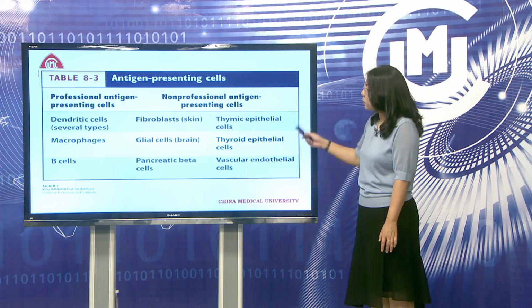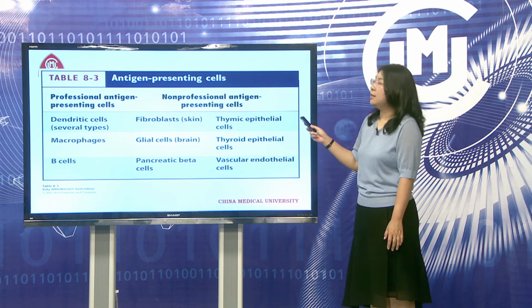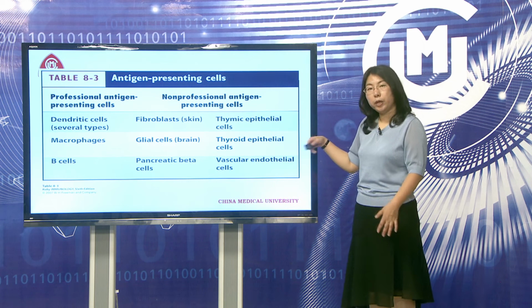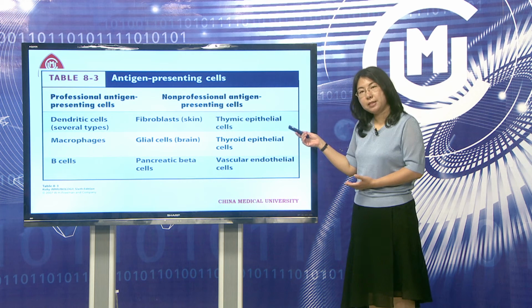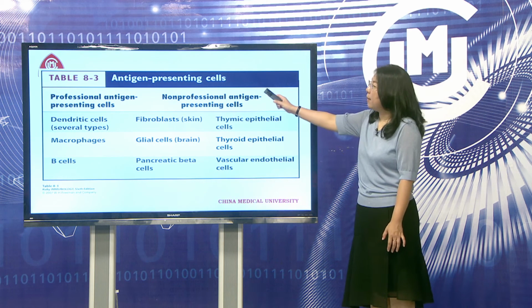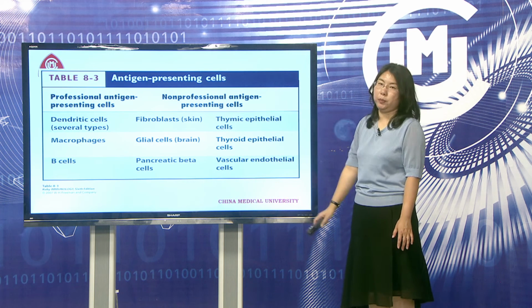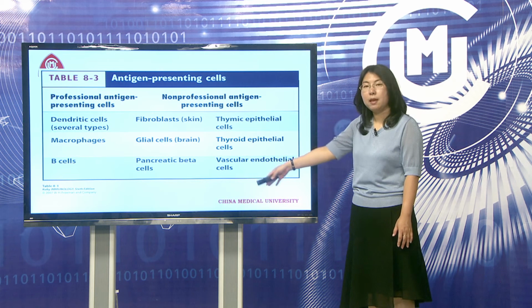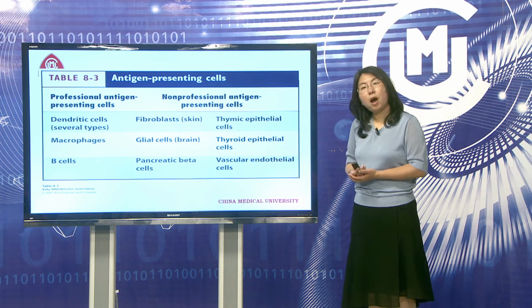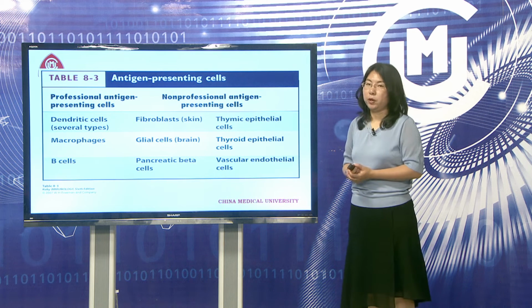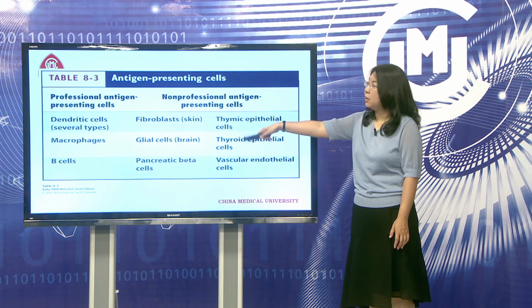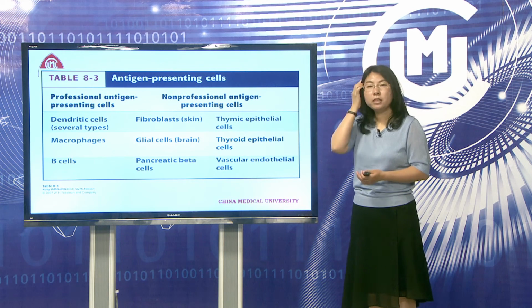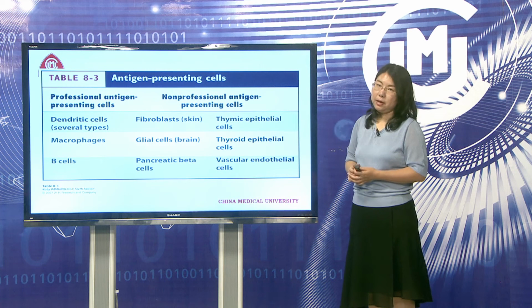So for antigen presenting cells, what is an antigen presenting cell? As said, they must express class 2 molecule. So dendritic cell, macrophage, and B cells have class 2 molecule. Also, they have B7 molecule. So this kind of cells, we call professional antigen presenting cells.